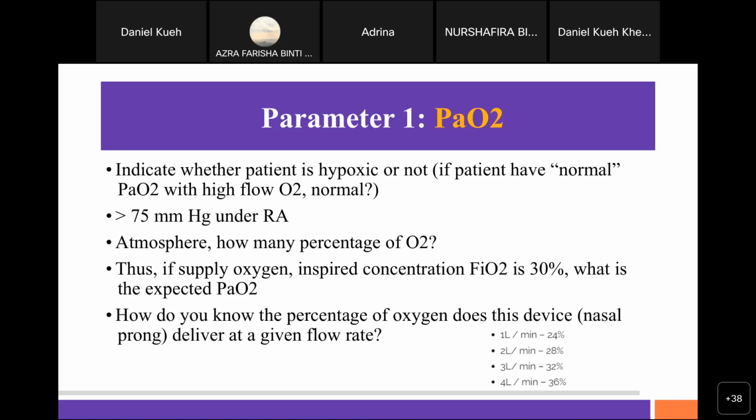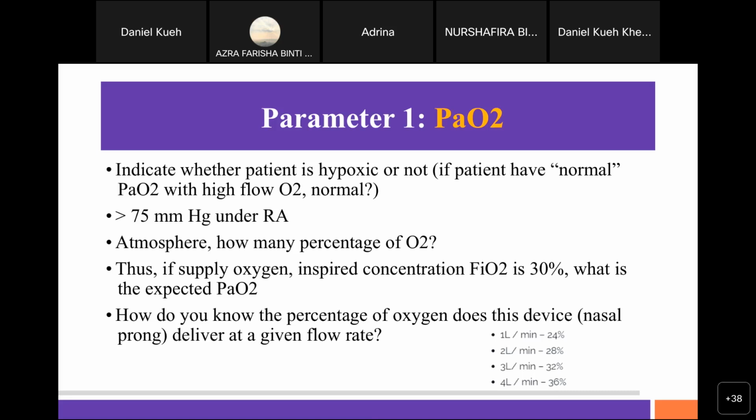And when you want to give, for example, nasal prongs, you give 1 liter per minute, 2 liters per minute. You don't give it by fraction of inspired oxygen, like 30%. So how do you know how much FiO2 1 liter per minute is? There is a list that I put down here.